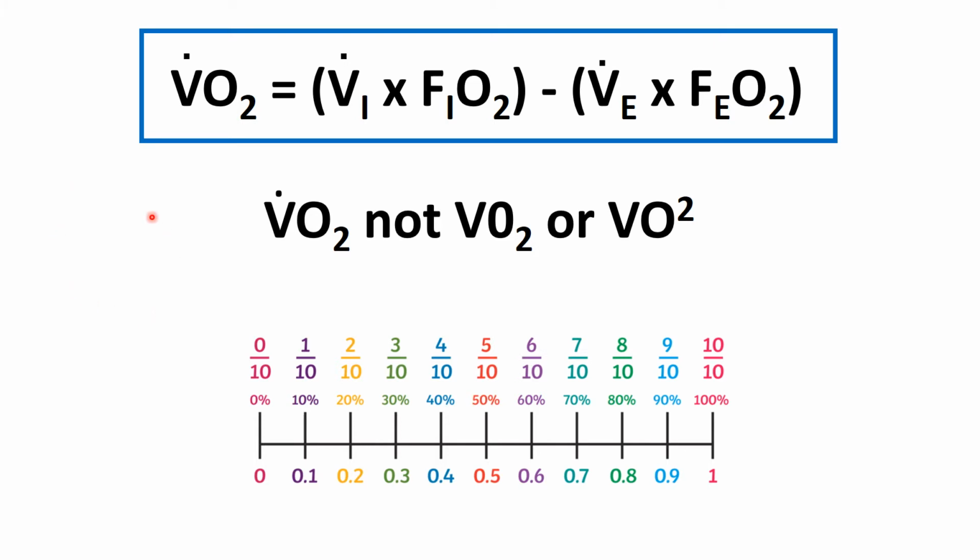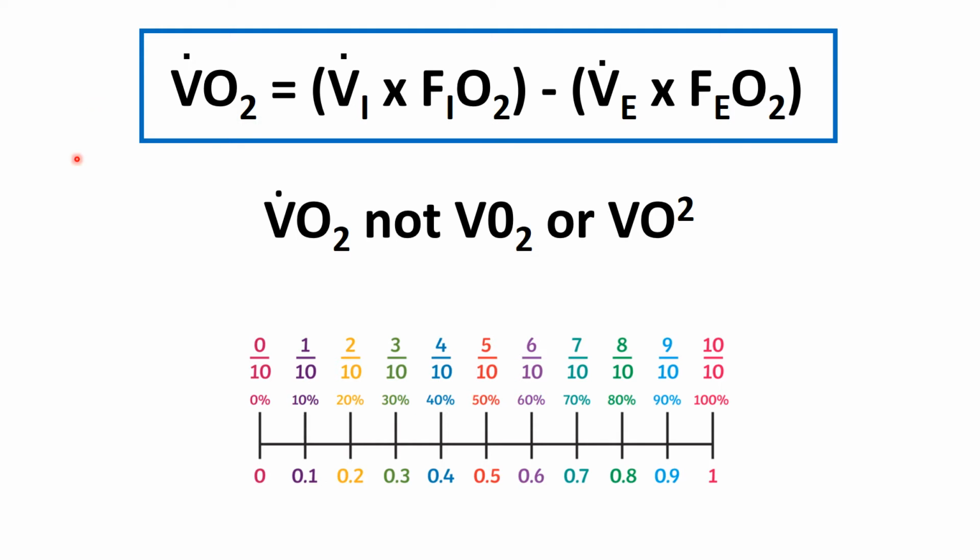Well, if you breathe out for 4 minutes, your volume would be 20 litres. So knowing the volume of oxygen doesn't really mean very much, because it's going to be dependent on how long you're breathing out for. So we standardize that by putting it over a unit of time, because what we're interested in is the volume of oxygen you breathe out per minute, because that way we can compare and contrast different people and also different time points.